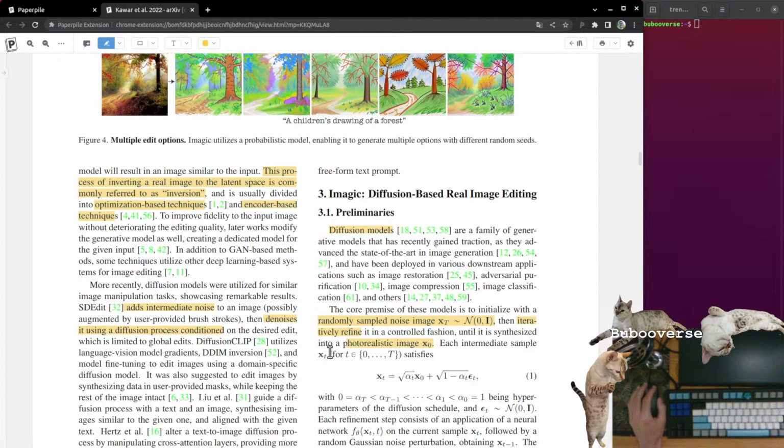Each intermediate sample, right? So you're going from this complete random noise, and each step you're taking, there's a total of capital T steps, right? Lowercase t from 0 to capital T. And the image at that individual time step t is going to be a blend, right?